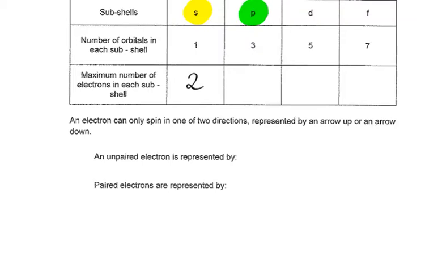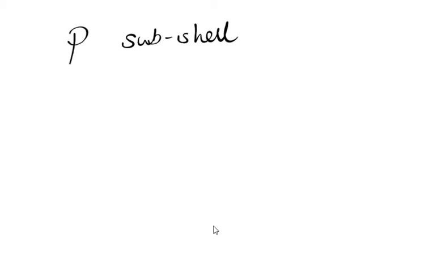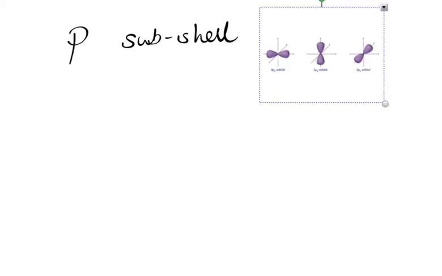Let's have a look at the P subshell. We can see there that the P subshell is made of 3 orbitals. There's an image showing the shape of the P orbital, looking different to the S orbital.